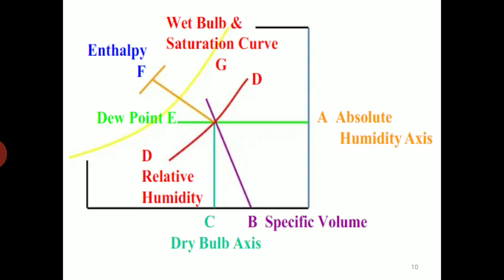On the x-axis we can obtain dry bulb temperature values, from minus 5 degrees Celsius up to 55 degrees Celsius. Then point D talks about the phi value, relative humidity.